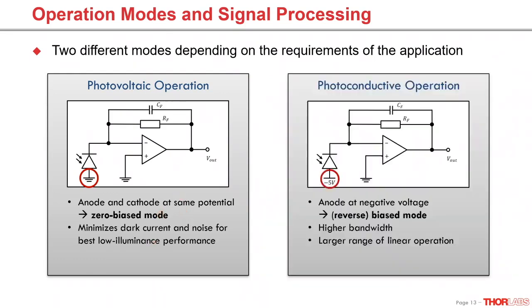On the right side, the photoconductive or reverse biased mode increases the depletion zone and therefore the quantum efficiency. In addition, the junction capacitance gets smaller and therefore higher bandwidths are achievable. The photodiode can so be operated in a linear way up to higher photocurrents.